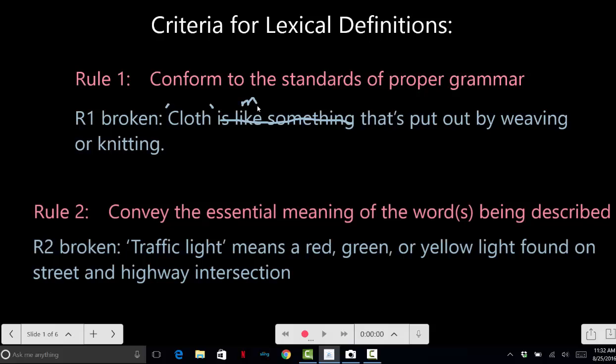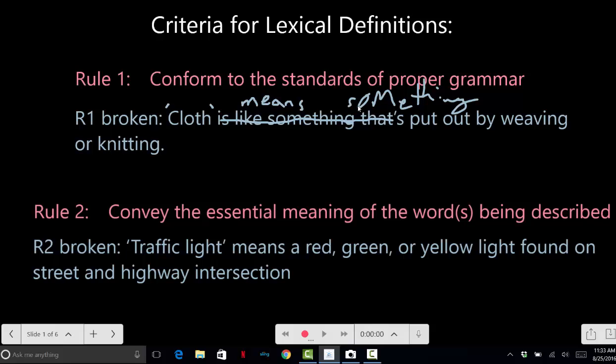So the word "cloth" means, I suppose, something put out by weaving or knitting. And there's probably better language to use here as well, as opposed to "put out." Probably "produced": something produced by weaving or knitting.